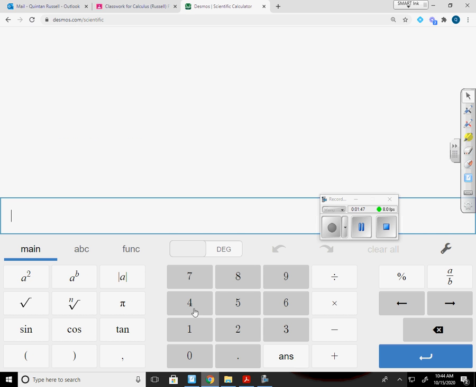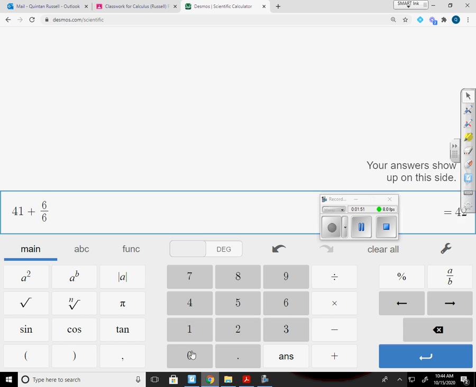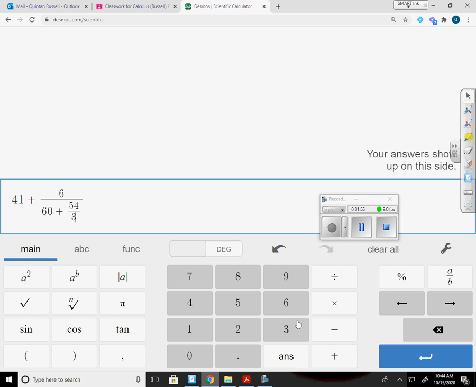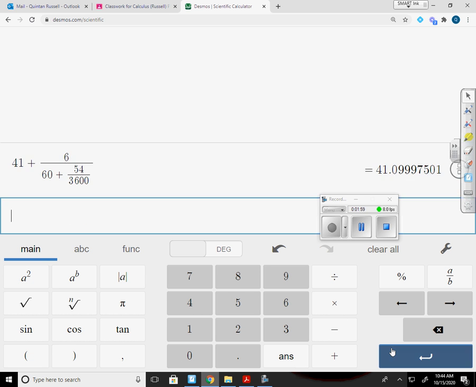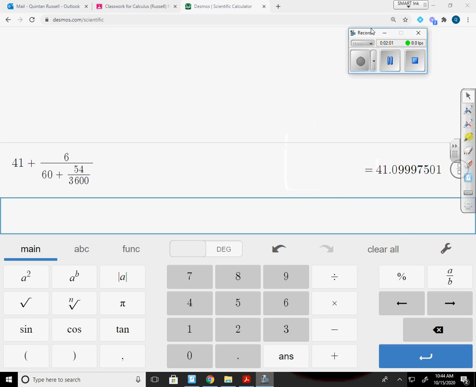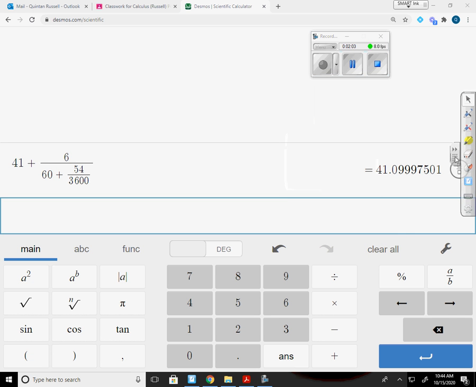So I would do 41 plus 6 divided by 60 plus 54 divided by 3,600. And that gives my answer there, 41.0999. You can round it off to 4 decimal places.